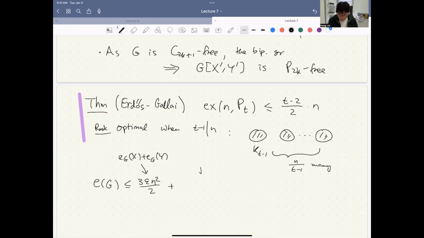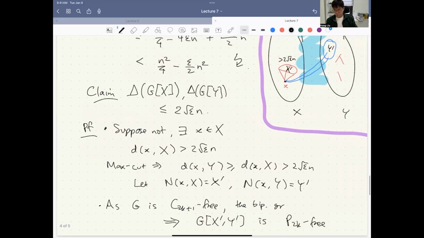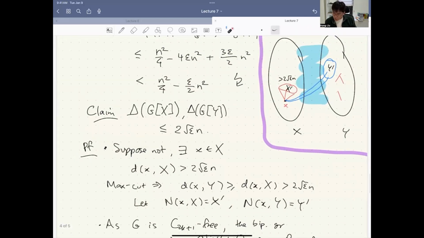Now the cross edges. The cross edges, well, the total is x times y. But we are missing something here. How many edges are we missing?